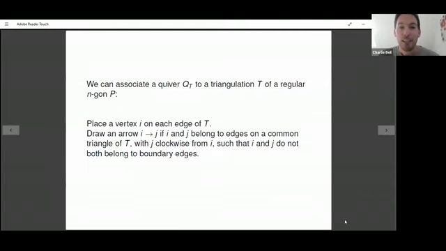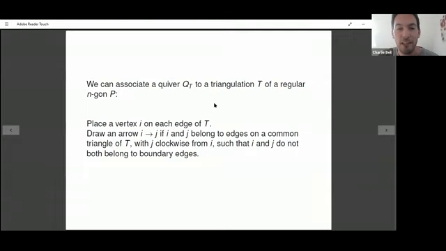Okay, so we can associate a quiver Q sub T to a triangulation T of a regular n-gon P. We need to use our imagination, but I think many people have seen this before, and in Lauren Williams' talk, I believe on Tuesday, there were pictures of this.